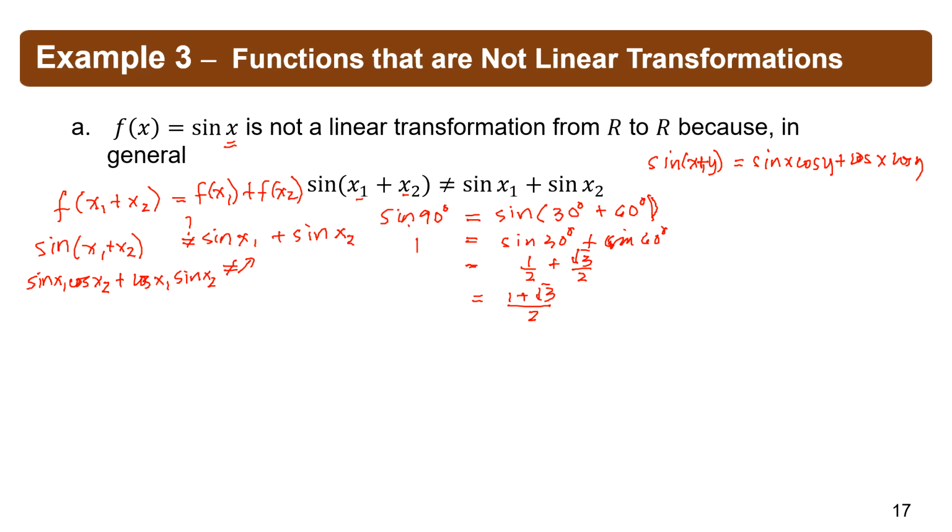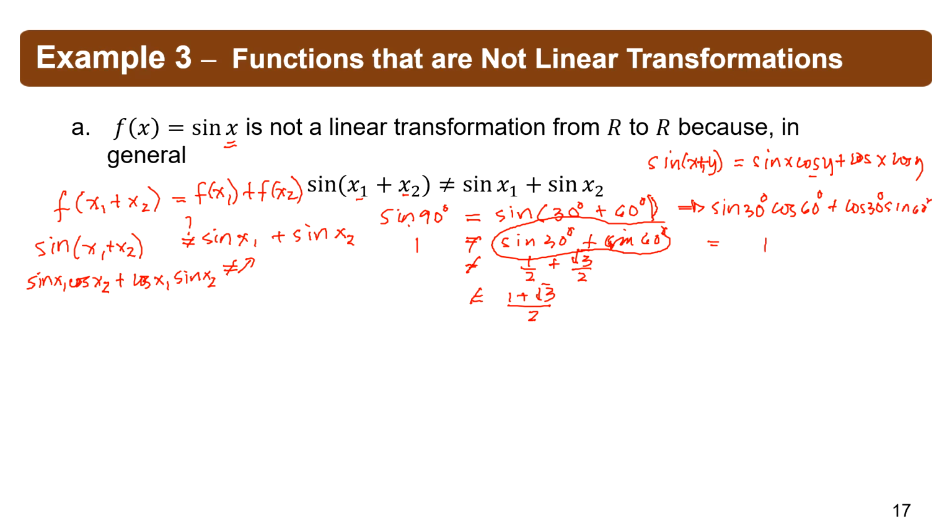So you see that is not equal, because this sum is not equal to that one. There should be a cosine. So if you write this as sine 30 times cosine 60 plus cosine 30 times sine 60, then you will come up with a value of 1.